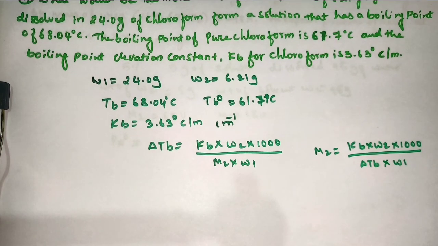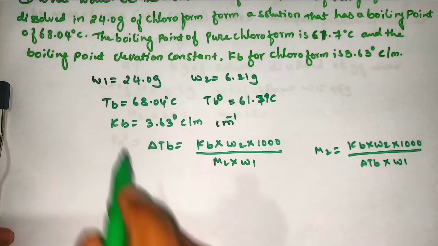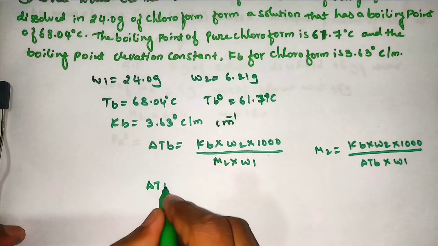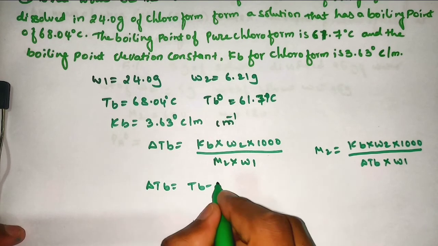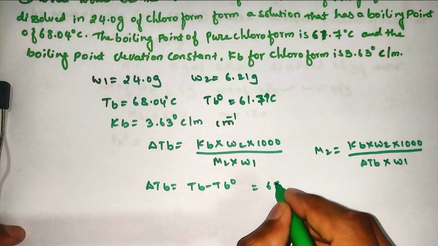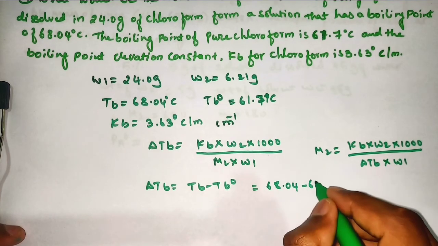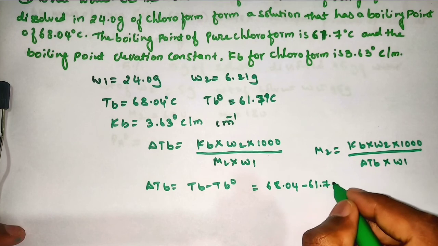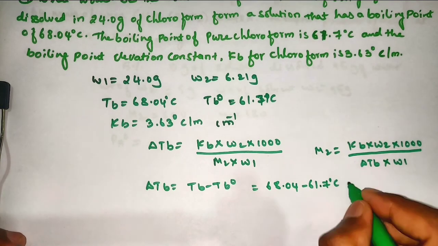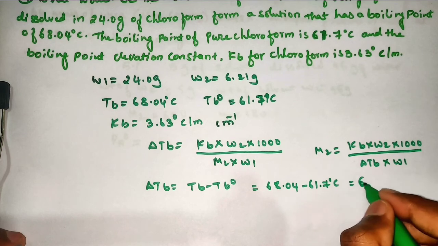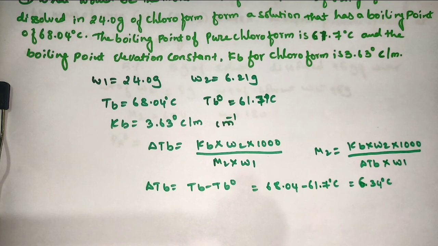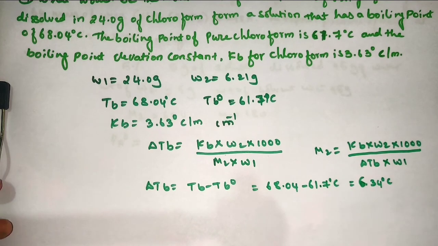But we don't have delta Tb. So what we have to do? We know Tb and Tb naught, so delta Tb we can find. Delta Tb is equal to Tb minus Tb naught, that is 68.04 minus 61.7 degrees Celsius. So this will be 6.34 degrees Celsius. So substitute all the given and delta Tb in this formula.